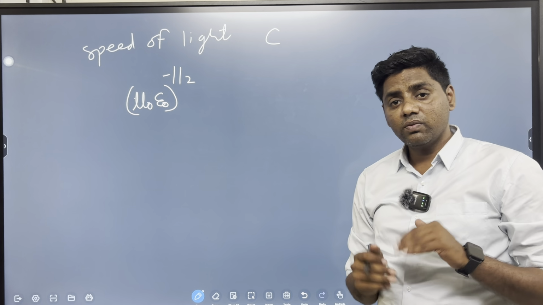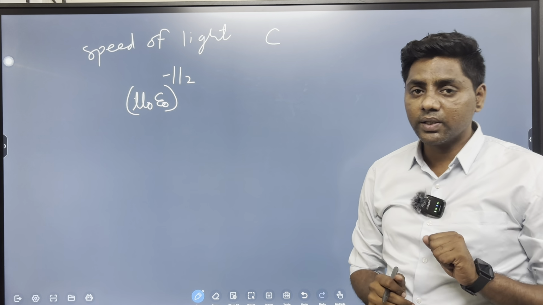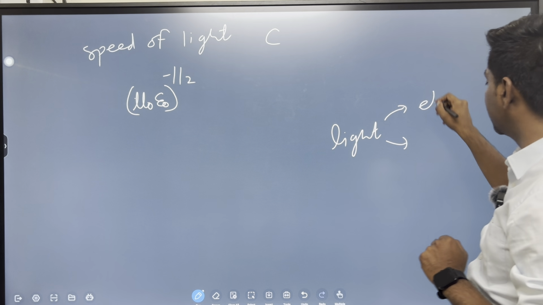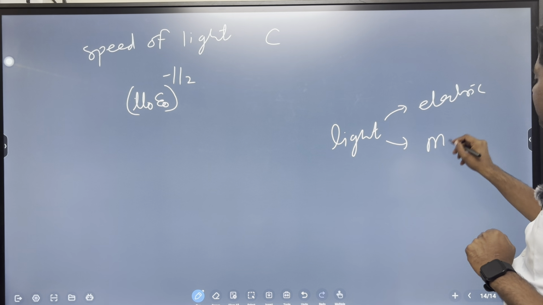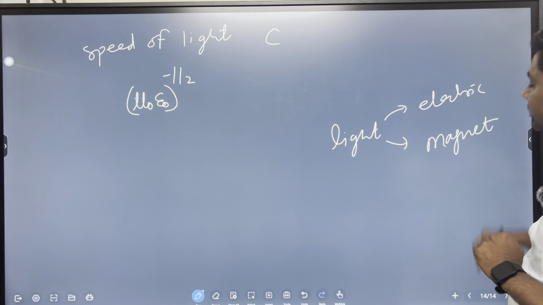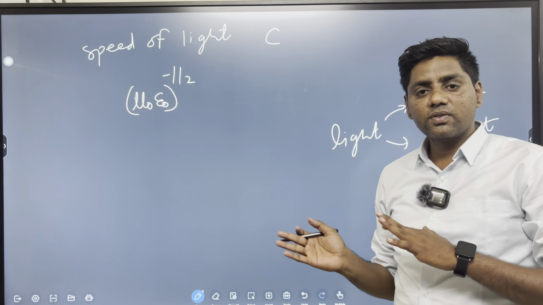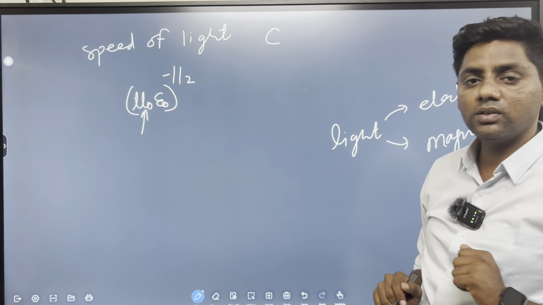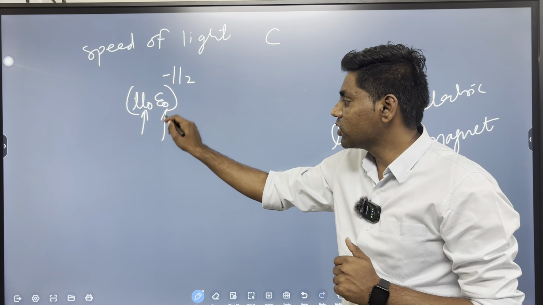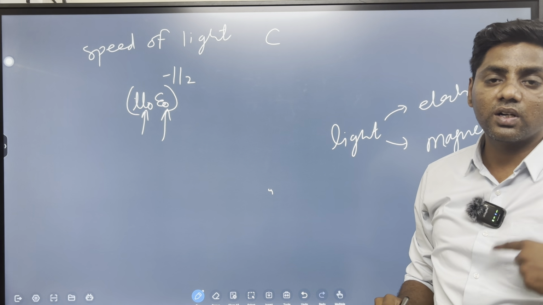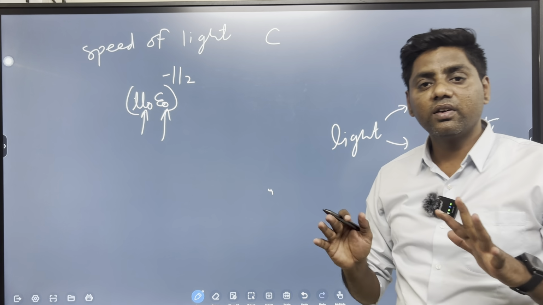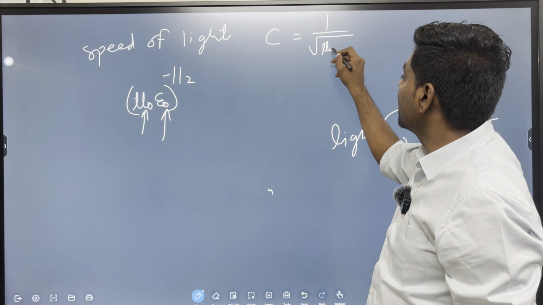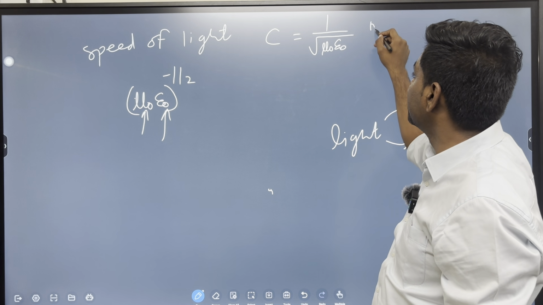According to Maxwell, which we already study in 12th, light consists of both electric as well as magnetic components. Mu naught is the constant of proportionality of the magnetic field, the permeability of free space, and epsilon naught is the permittivity of free space, the constant of proportionality of the electric field. So remember the formula 1 upon under root of mu naught epsilon naught, and the SI unit is meter per second.